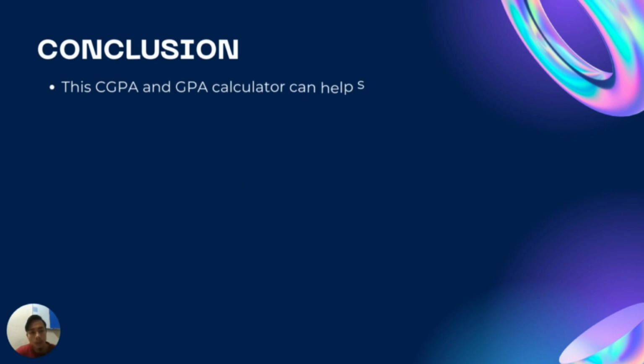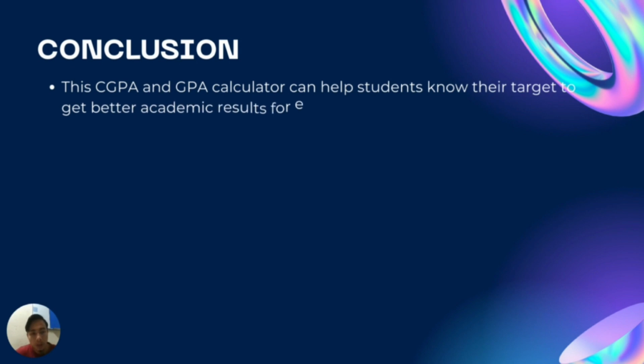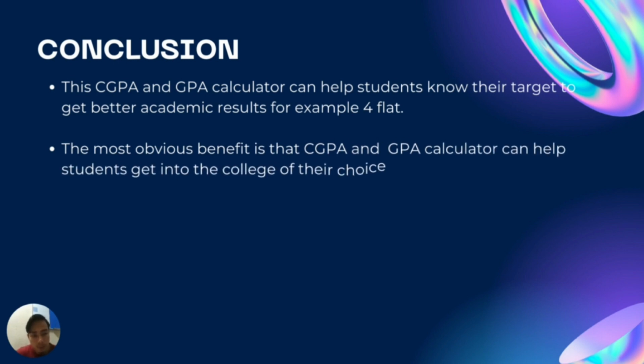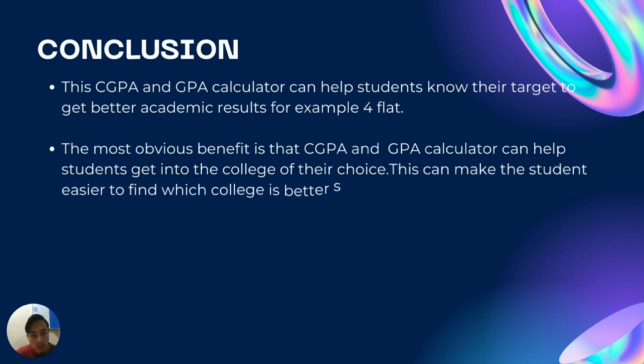For conclusion, this CGPA and GPA calculator can help students know their target to get better academic results. The most obvious benefit is that the CGPA and GPA calculator can help students get into the college of their choice.